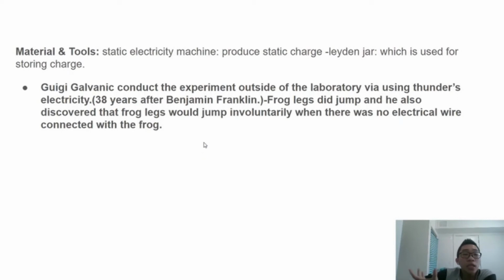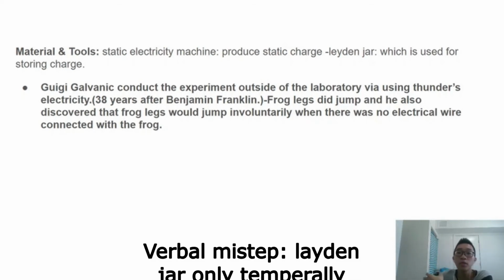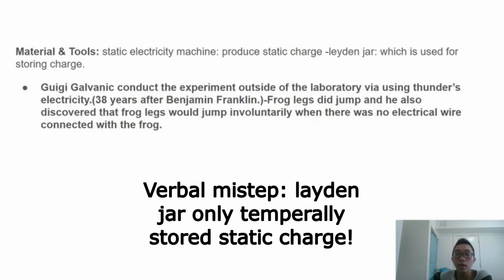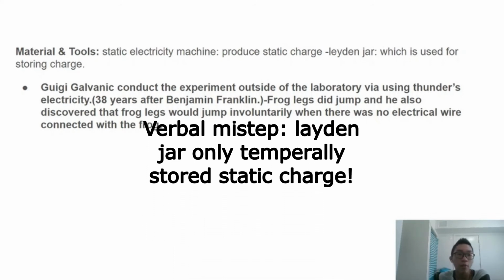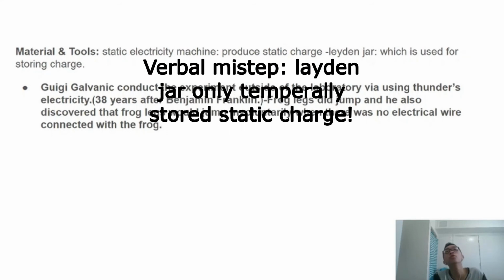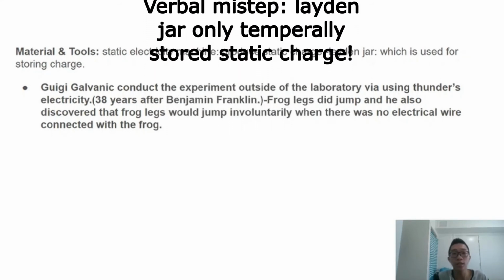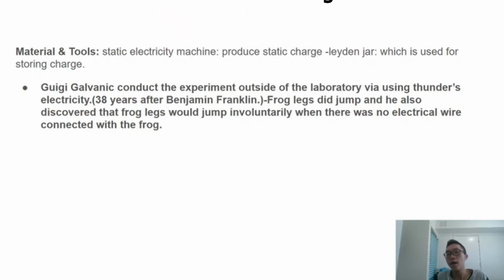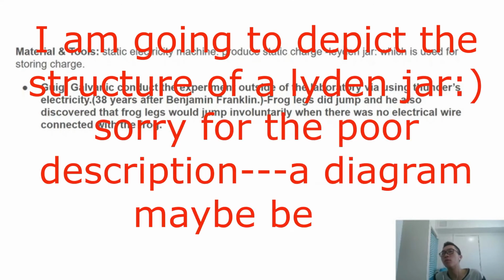Okay, and what he used in that lab is a static electricity machine, which generates electricity and produces static charge, and a Leyden jar. Oh, the Leyden jar is very famous. It's a jar which is used to store electricity, store charge, and actually it's very simple.